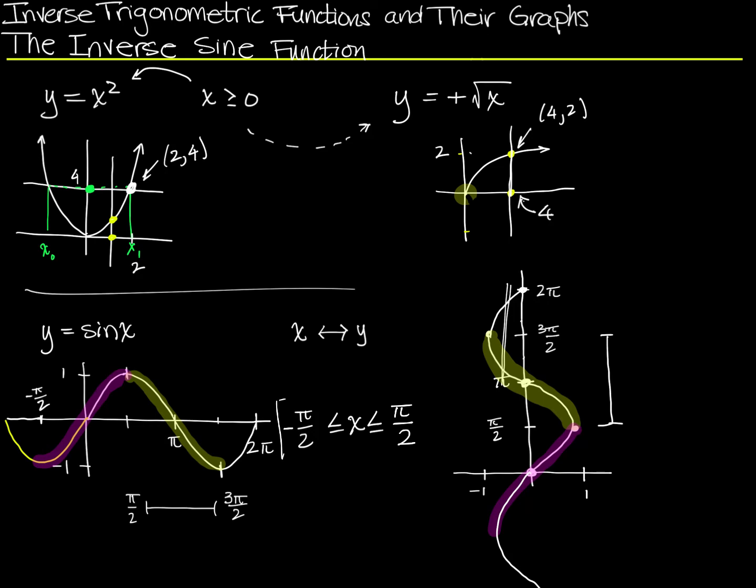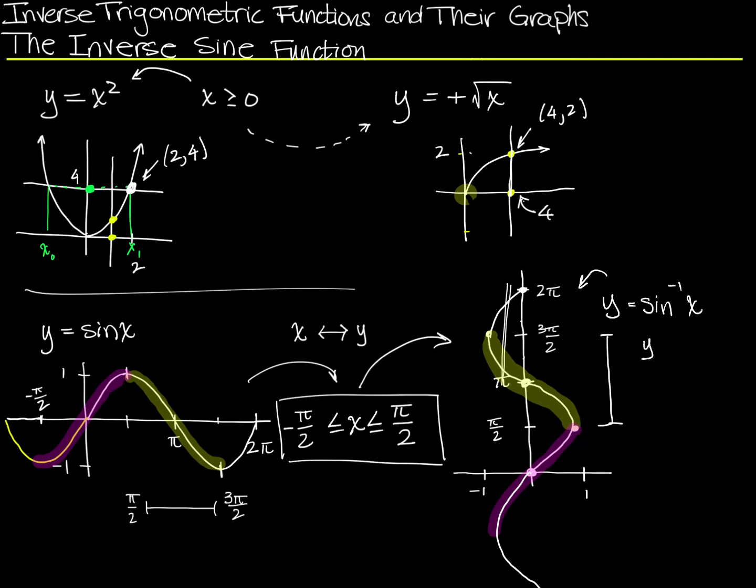And this is what we call the domain restrictions on sine, so that we can talk about the inverse of sine. Now, notationally, we have a couple of things we can do here. We will say sine inverse of x is a function. I'll just call it y for now. And this is the graph of y equals the sine inverse of x.